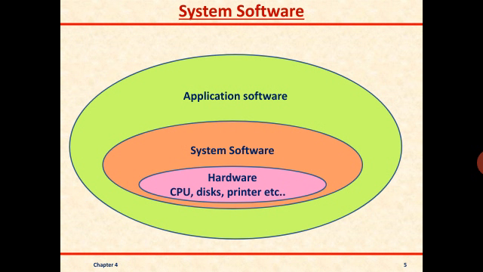Machine level language means, as I taught you in the last chapter, our computer understands only two symbols, 0 and 1. If we write any program using only these two symbols, it is called machine level language. So usually system software is written using machine level language.